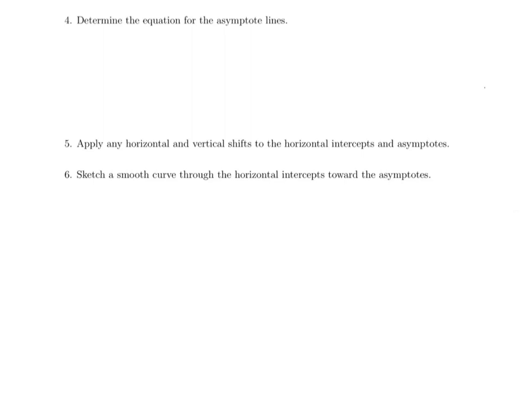Next, we want to find the equation for the asymptote lines, and this is going to be the same for secant and cosecant. We're going to say y is equal to any asymptote plus k times the distance between asymptotes.